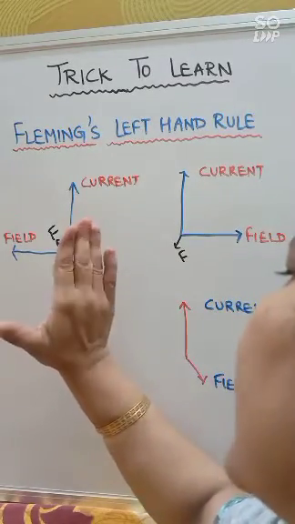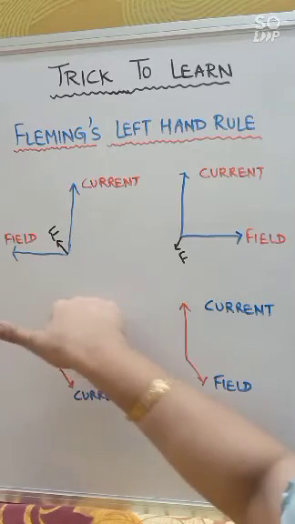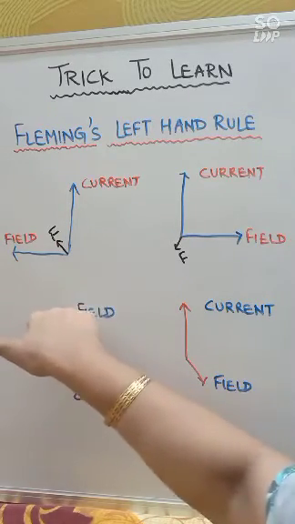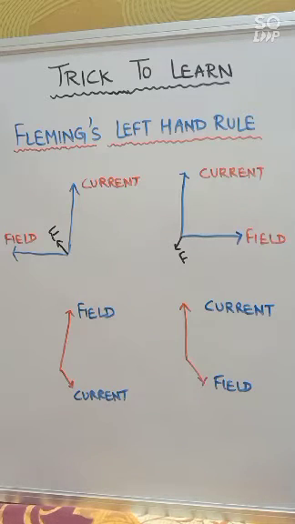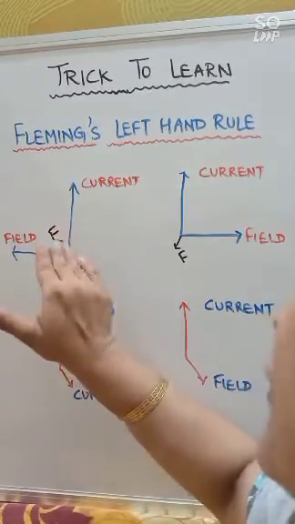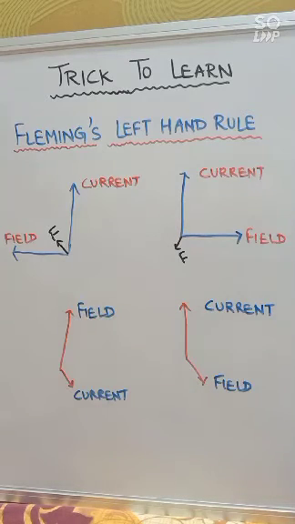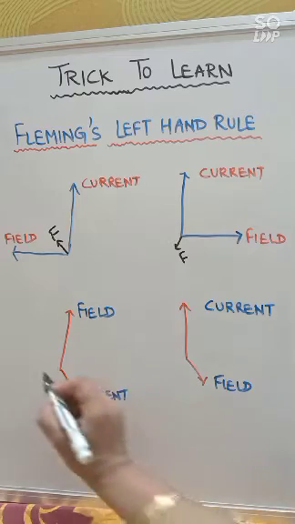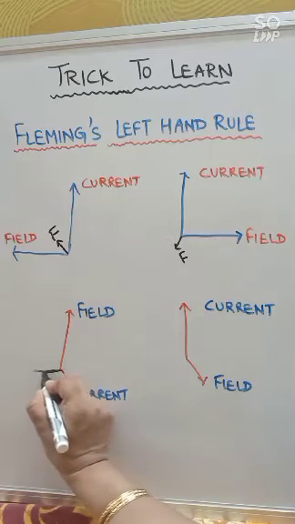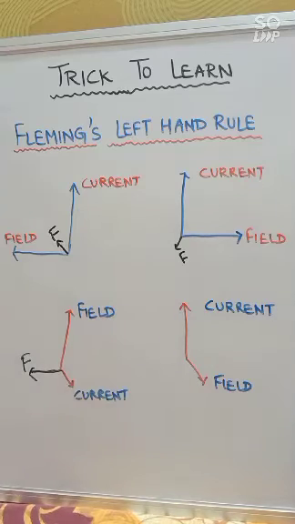And now you have to encircle towards the field, and if you check out, the thumb is pointing towards the left hand side. Again, I tell you, the current is pointing towards the screen. I have to encircle my fingers towards the field and it is pointing towards the left hand side, right? So here the force is acting towards the left hand side.